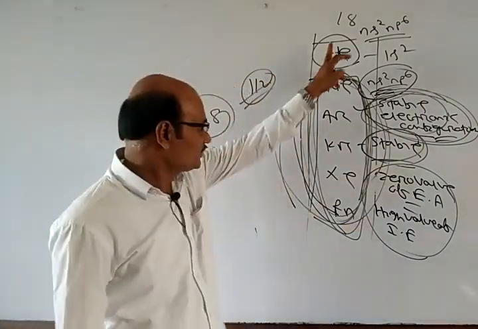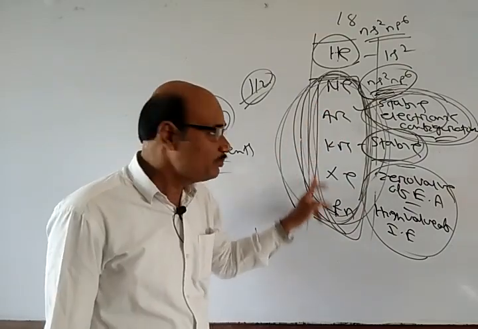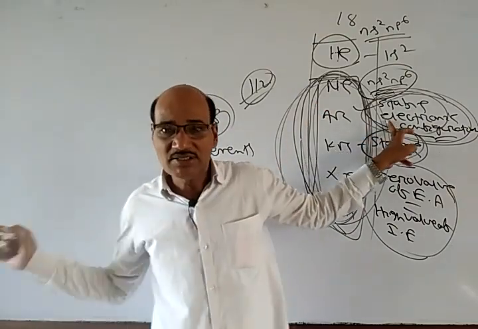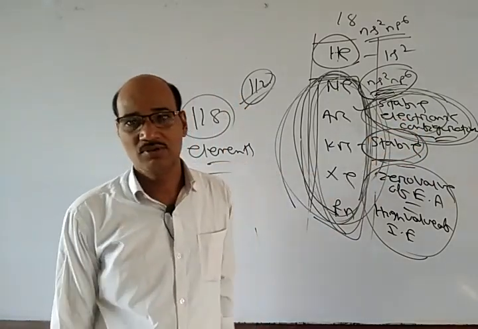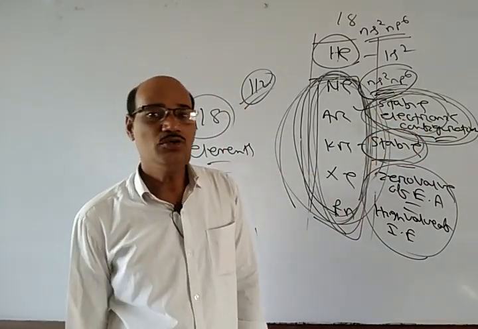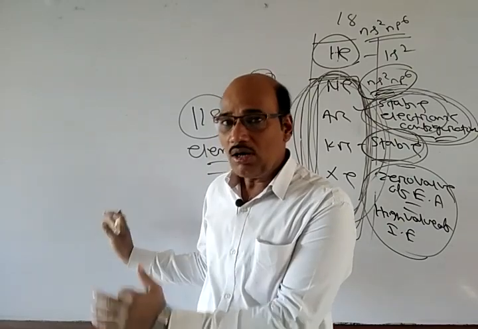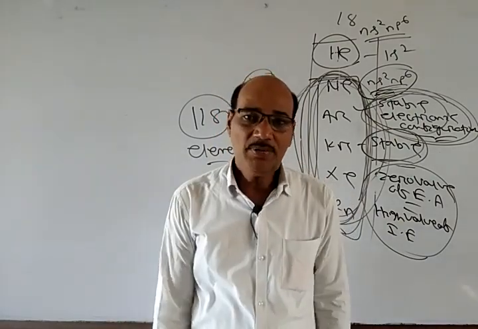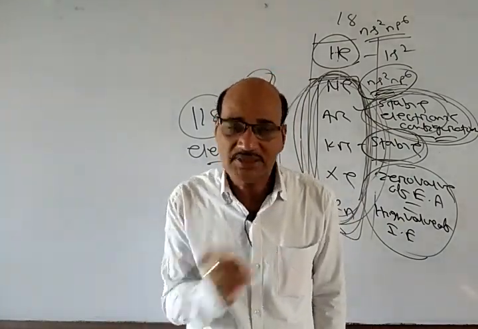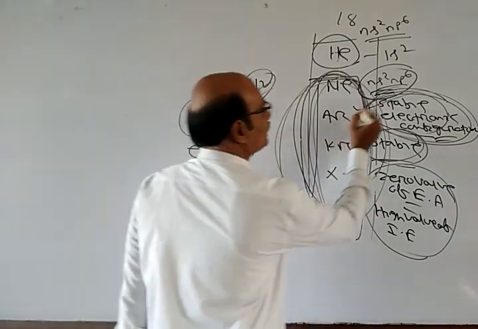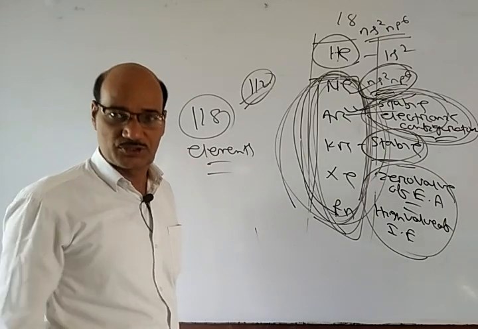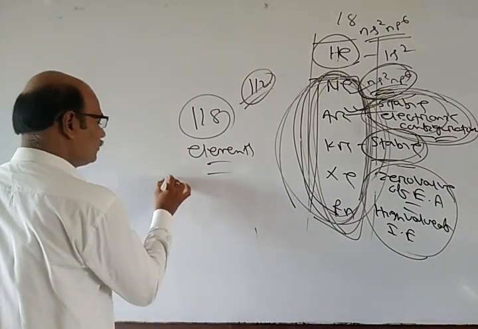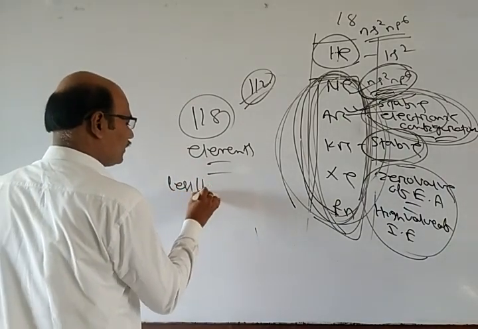These elements are stable because of this, and others are reacting because they don't have this. Almost all other elements have less than the ns2 np6 configuration, called the octet. So, less than the octet.